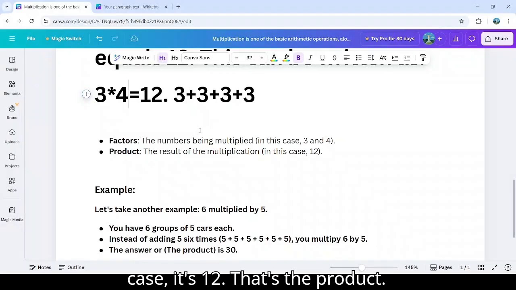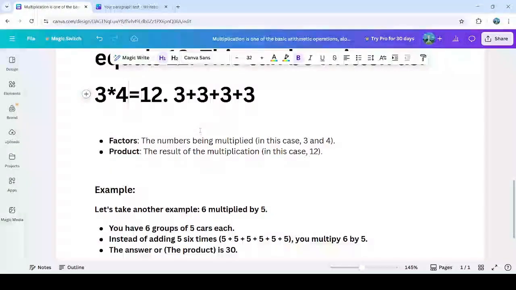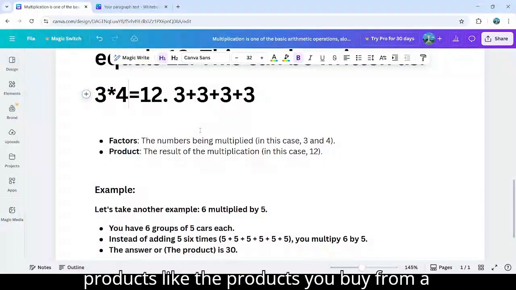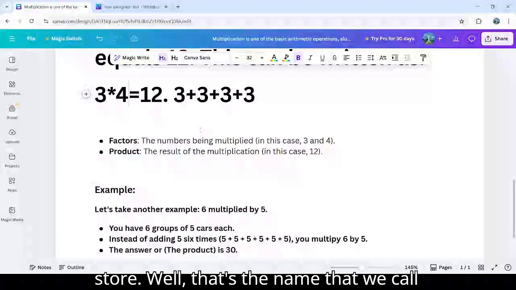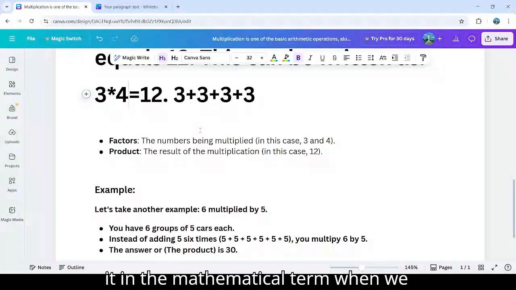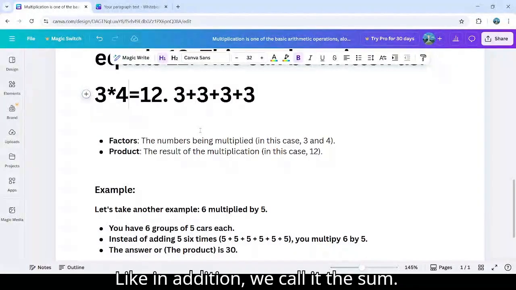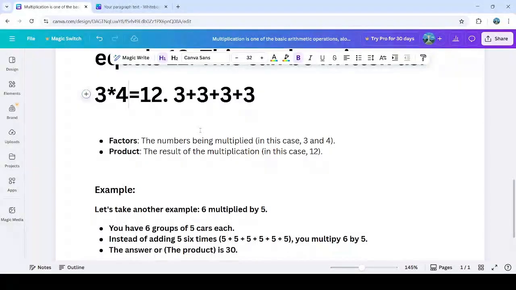In this case, it is 12. You may be wondering, hey, products like the products you buy from a store. Well, that's the name that we call it in mathematical terms when we multiply, after getting our answer. We call it the product. That's what they call it in multiplication, like in addition, they call it the sum.